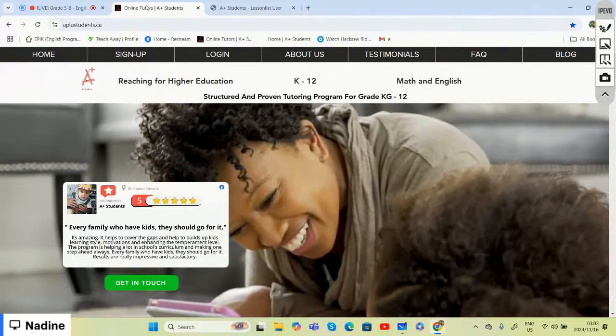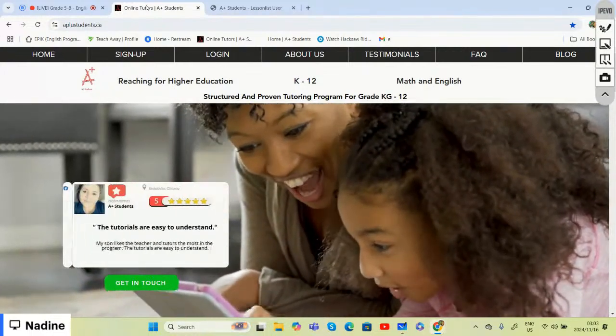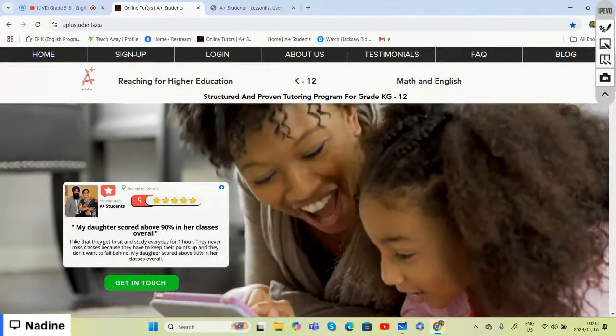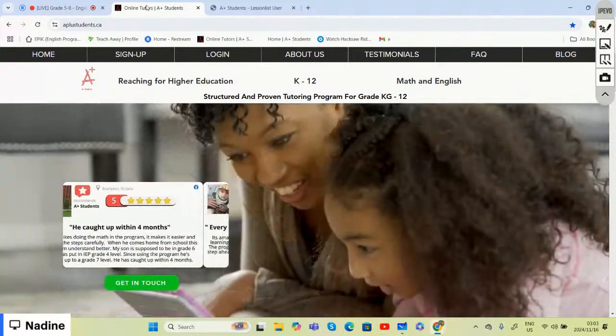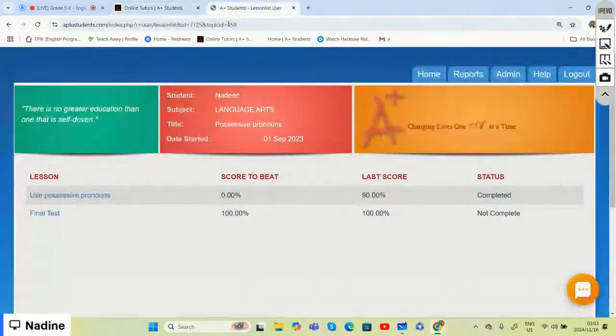We're doing grade 5 to 8. And then we're going to scroll down until we get to our chapter of possessive pronouns.